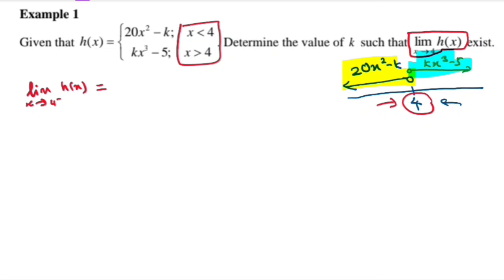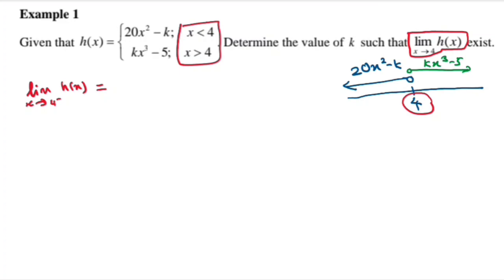So that's why we have to check whether from the left and right side, they have the same limit value or not. But let's say if from the left and right side of 4 is just one function, then of course the limit exists and the value is just by substituting the x with that value.